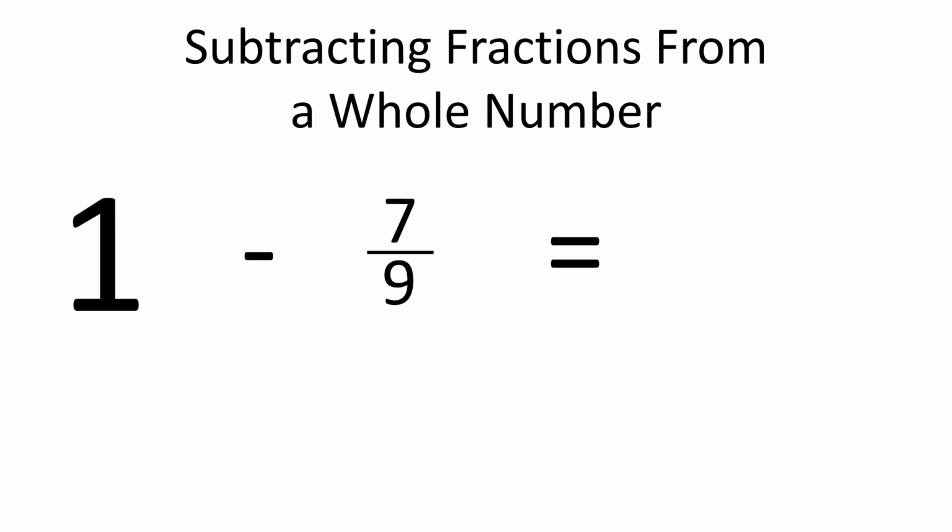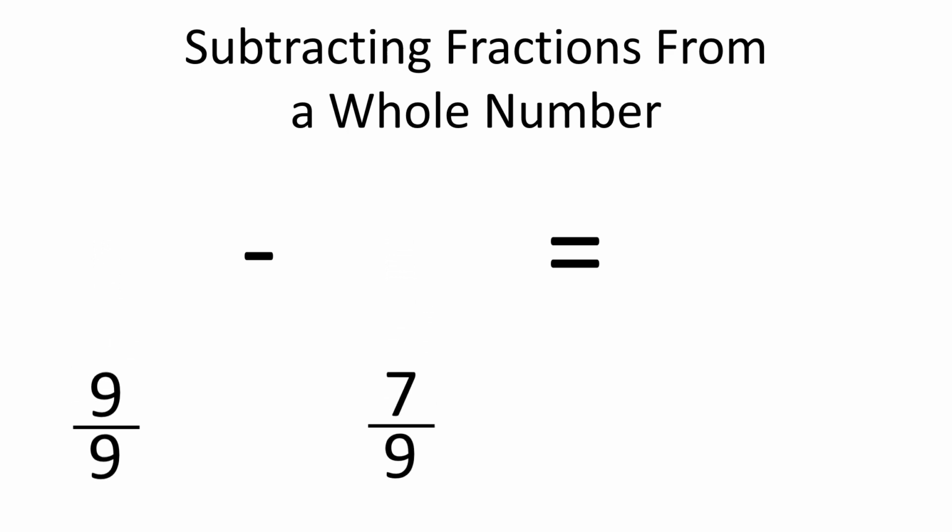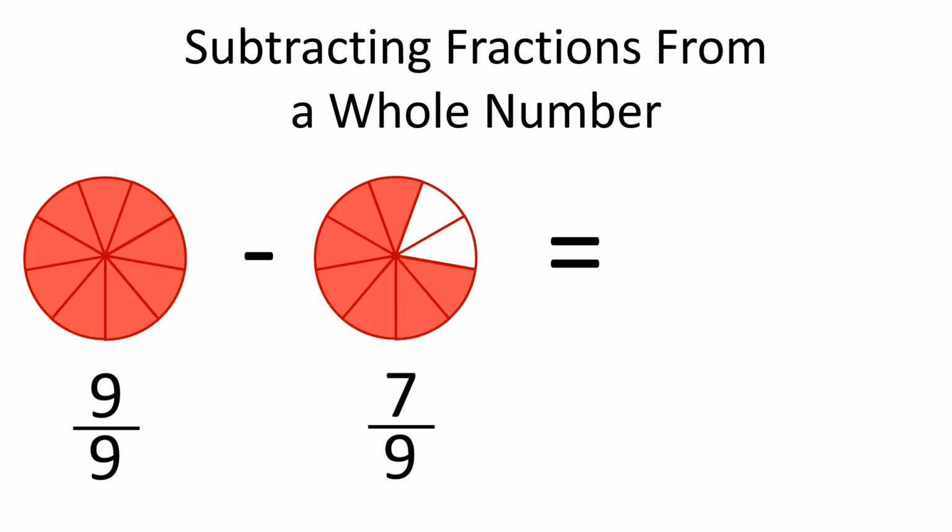As we are subtracting 7/9 from 1, we should divide 1 into 9 equal parts to have the same denominator. Thus, if we divide 1 into 9 parts and express it as a fraction, we will have 9/9. That way, we have 9/9 minus 7/9.